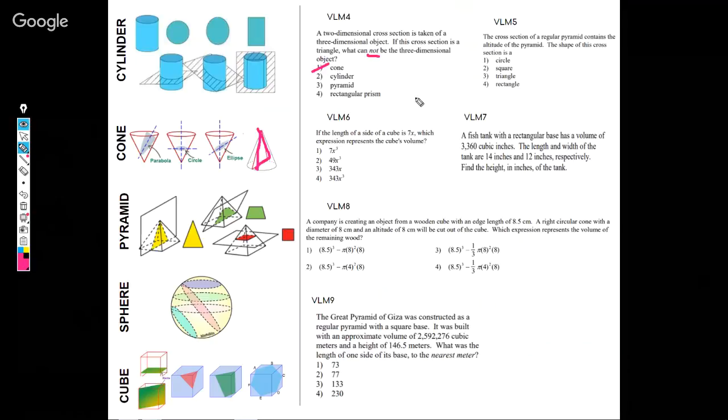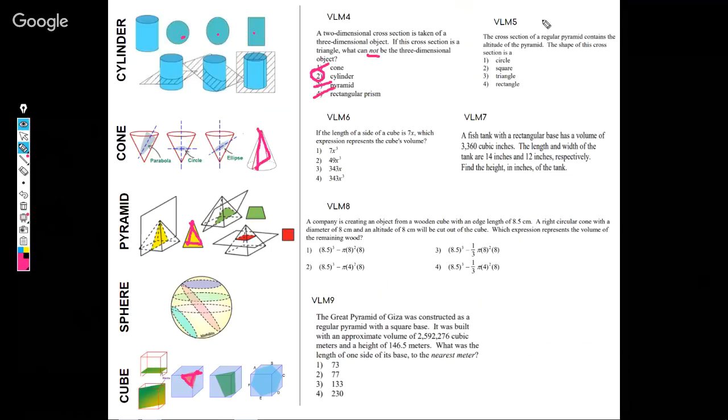It's a cylinder. You cannot get a triangle from a cylinder with one cut. If you notice here, you can only get a circle, an oval, or a rectangle. You can get a triangle in a pyramid by going straight up and down, like right here. And you can get it in a rectangular prism, including a cube, by just cutting off the right angle. So that's why it's choice 2.